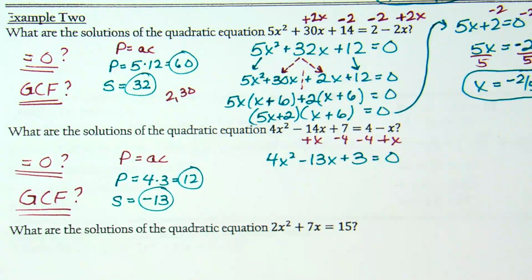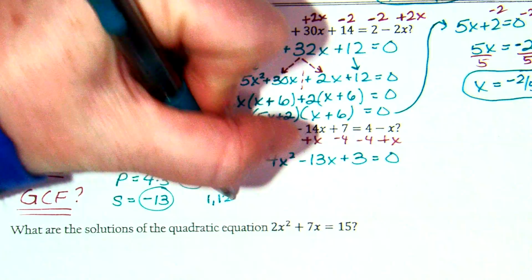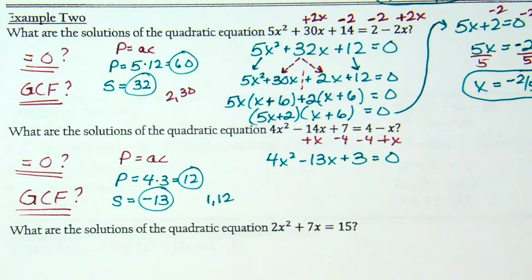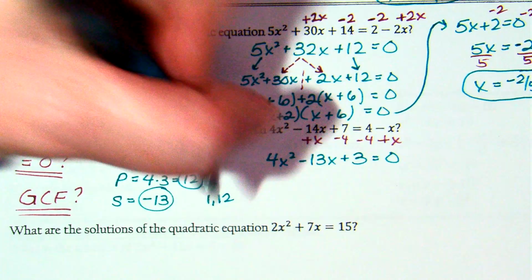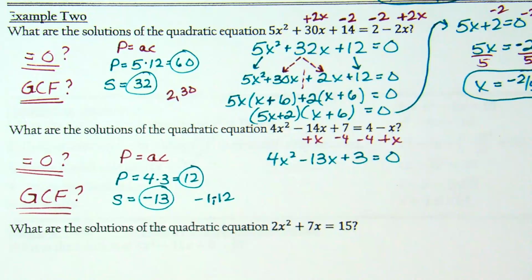What can multiply to be 12 and add to be negative 13? Negative 12. I at least know it's some combination of 1 and 12, right? Because multiplying to be 12 is 1 times 12, and 1 and 12 can add to be 13. If I needed to add to be negative 13, that means they both need to be negatives. And a negative times a negative is also a positive.